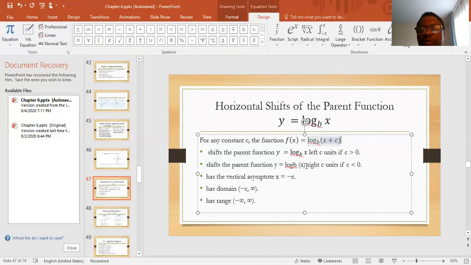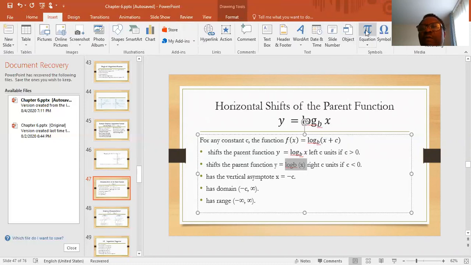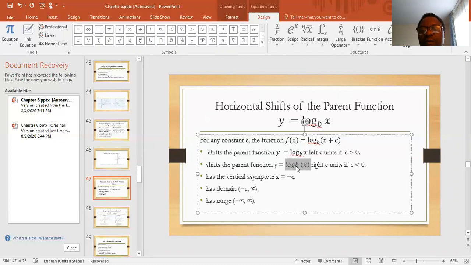We shift the parent function to the right if c is negative. We have always been doing that, right? c is negative. The shifted function has a vertical asymptote at x equals minus c, a domain of minus c to infinity, and a range of minus infinity to infinity.